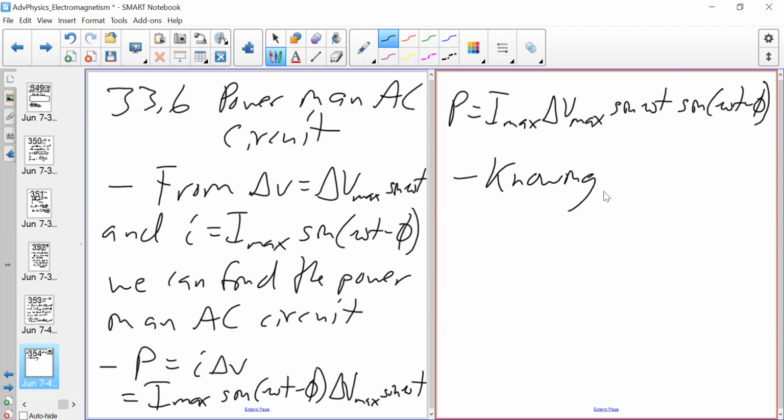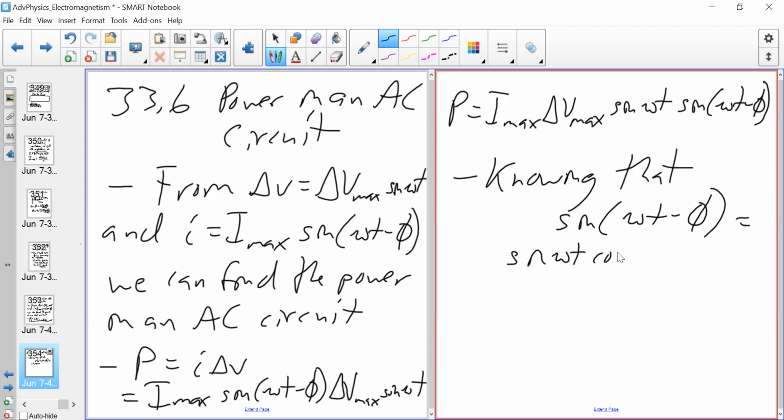Well, we can make use of some trig identities, right? So knowing that sine omega t minus phi is equal to sine omega t, you can look up your trig table for this, a known identity, cosine omega t sine phi.